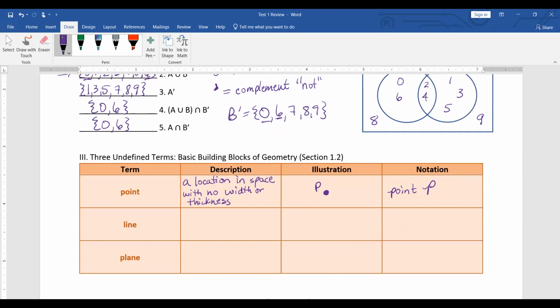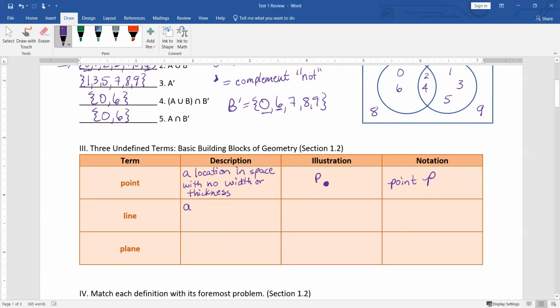All right, with a line, I would say a set of points going in a straight one dimension, infinitely.